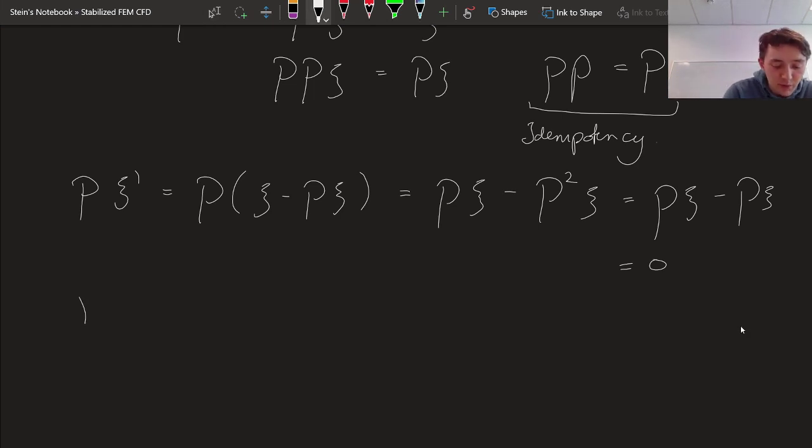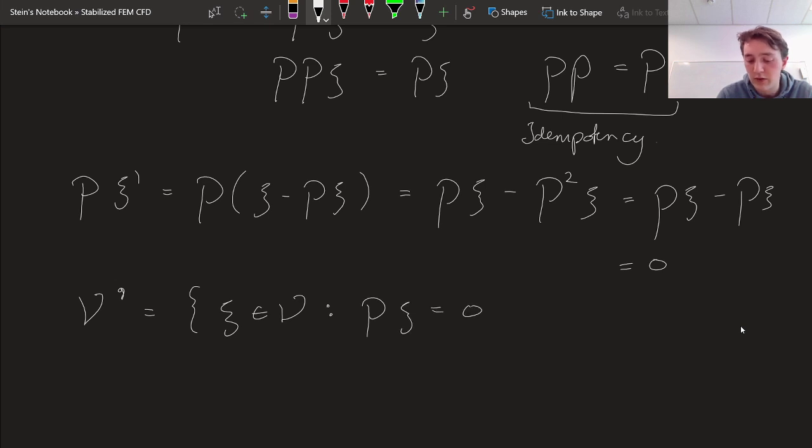So our fine scale space V prime is defined as all the possible points or functions later on, psi in the original space, under the condition that the projection of that point is equal to 0. That is our rigorous definition of the fine-scale space.